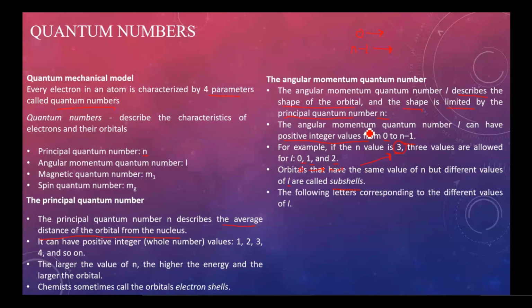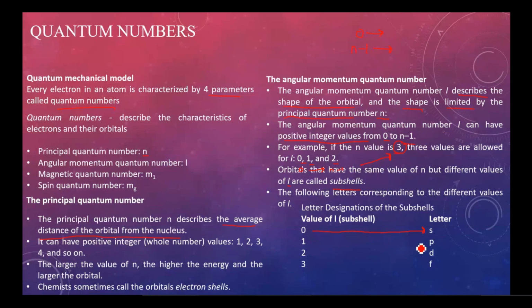The following letters correspond to different values. For example, letter designation for subshells: 0 represents the shape which is spherical or S. 1 represents the suborbital which is P. 2 represents the suborbital which is D, and 3 represents the suborbital which is F. So if I say that I have principal quantum number n equal to 1, the only shape or the only suborbital I can have is n minus 1, which is 0.